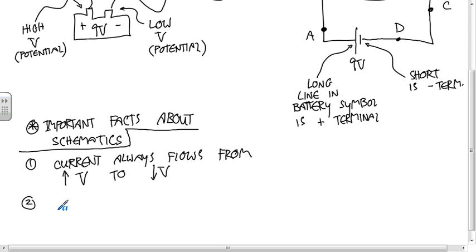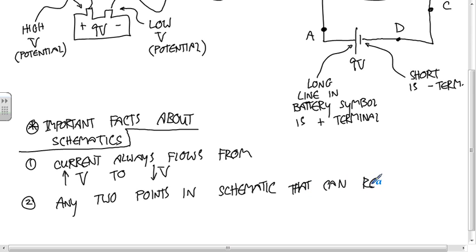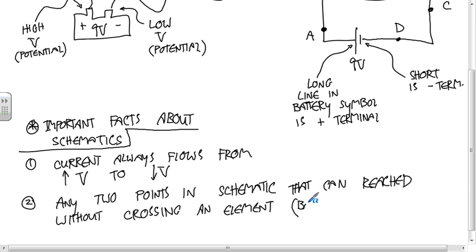Second, any 2 points in the schematic that can be reached without crossing an element, and for us the elements are batteries, capacitors, and resistors, which we haven't talked about yet, but we will today.